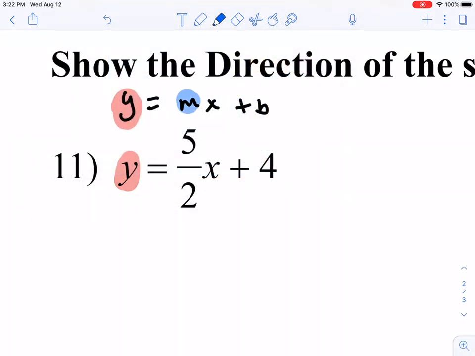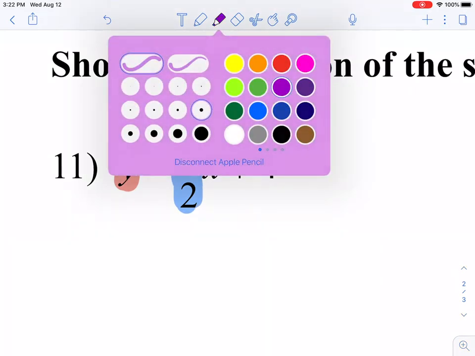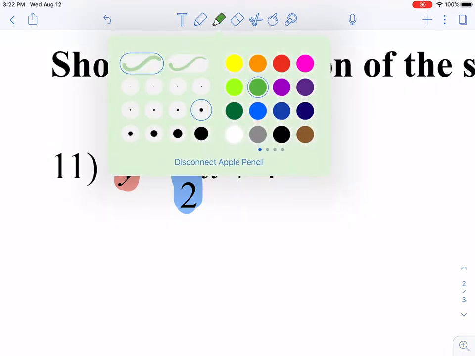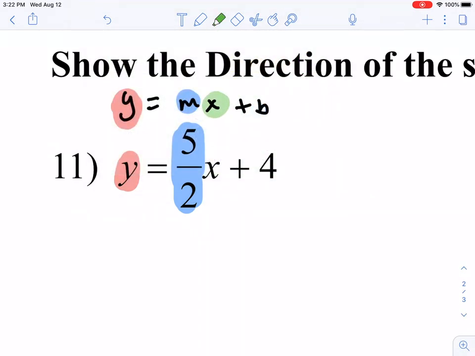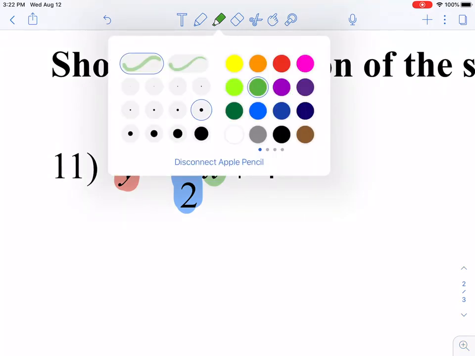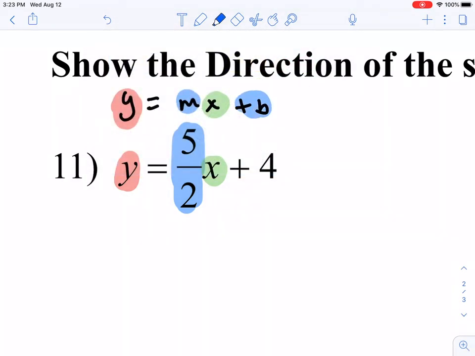M in blue matches to this value that's next to x. I'll use green. X in green, that matches. And then b, I'll use blue. B matches to my last term.